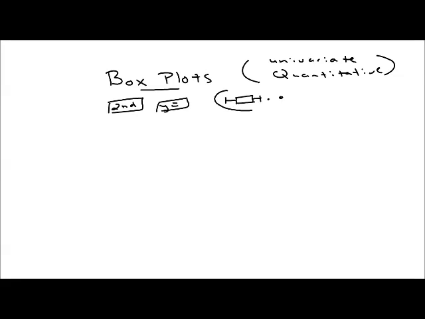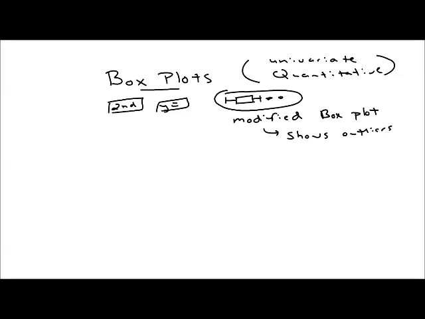This is the one that we are going to use. This is called a modified box plot. A modified box plot shows outliers. That's what those dots over to the side are. They're showing outliers.